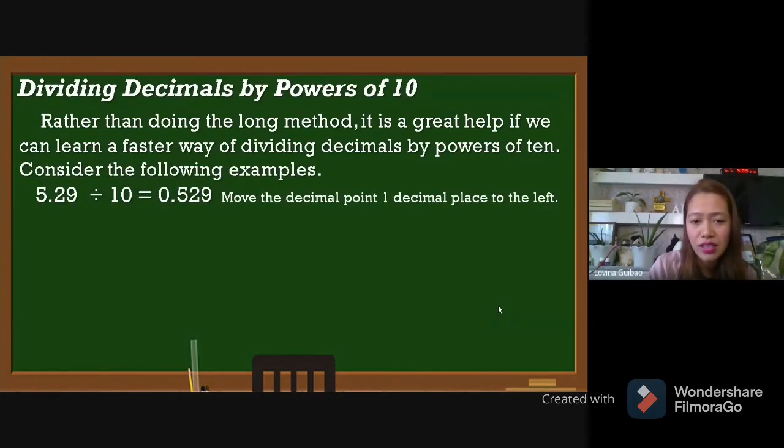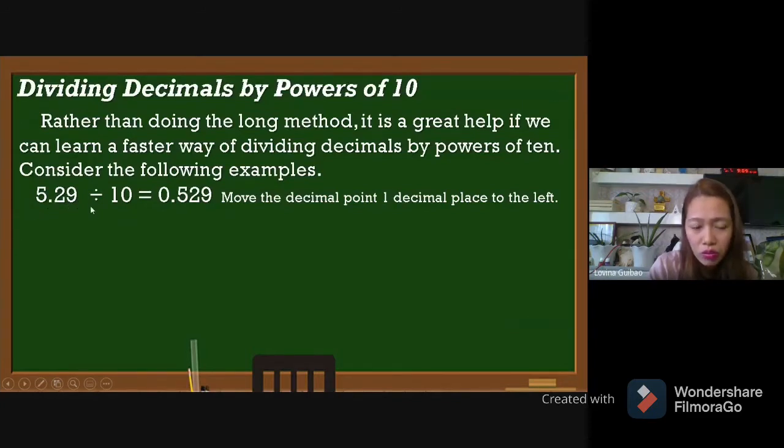Okay, look at this example. 5.29 divided by 10. The answer is 0.529. What did we do? We moved the decimal point one decimal place to the left. From here, we move it to the left. Kapag ang divisor mo is whole number, ang movement ng decimal point mo is papuntang kaliwa, left.